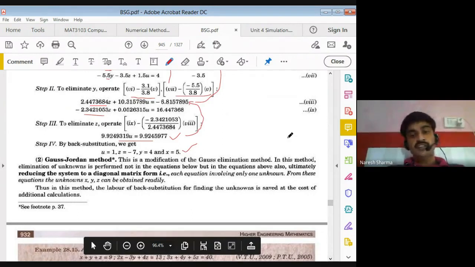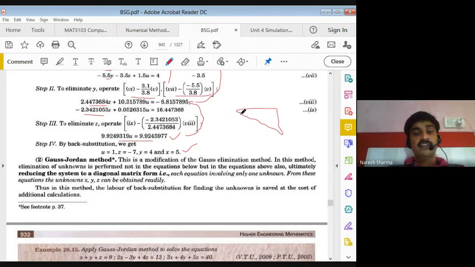So in Gauss's elimination method, we make an upper triangular form, that is an upper triangular matrix. Using the first pivot element, we always convert the lower elements into 0. Using the second, we convert the lower elements into 0. With the third, you can convert the lower element into 0.